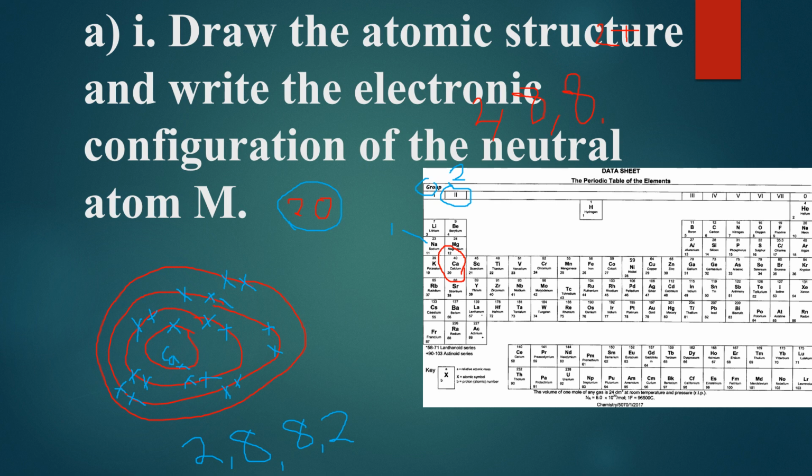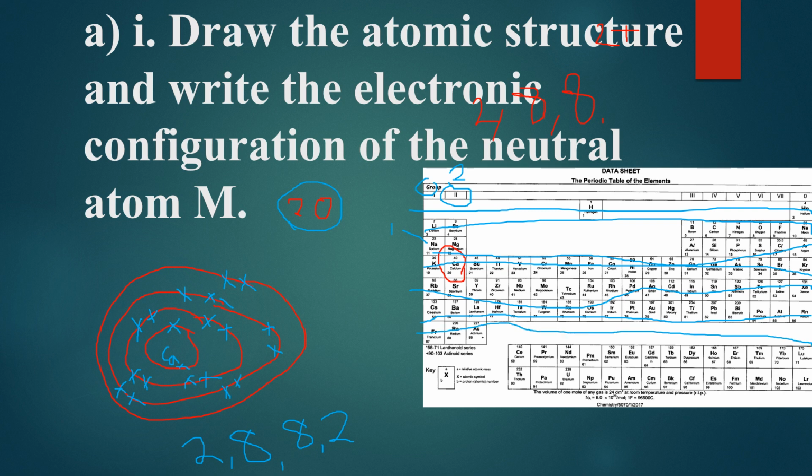The periodic table has 7 periods: period 1, 2, 3, 4, 5, 6, and 7.